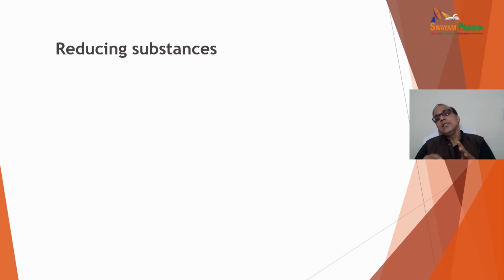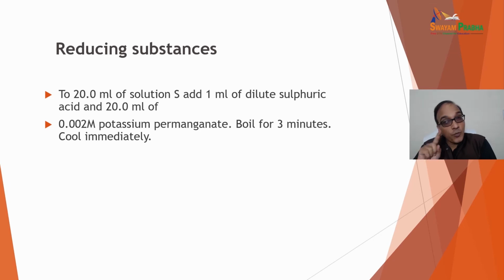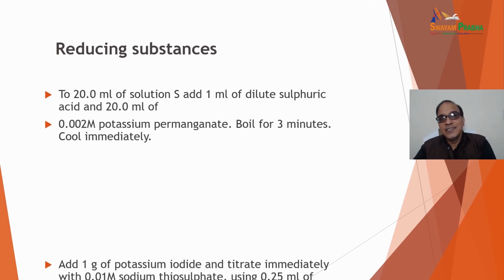Now moving to the reducing substances. What are the reducing substances? How can we determine them? To 20 ml of solution S, the sample preparation we have prepared, add 1 ml of dilute sulfuric acid and 20 ml of 0.02 M potassium permanganate. Boil it for 3 minutes, cool immediately.